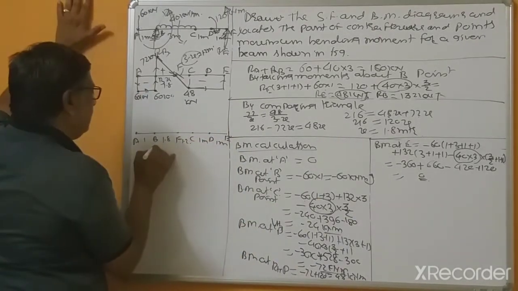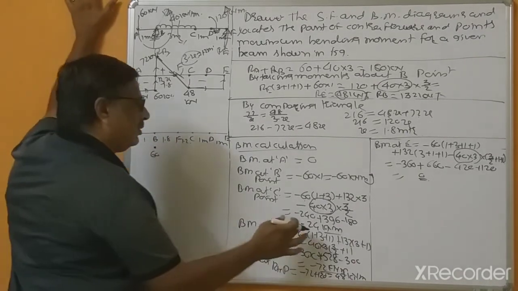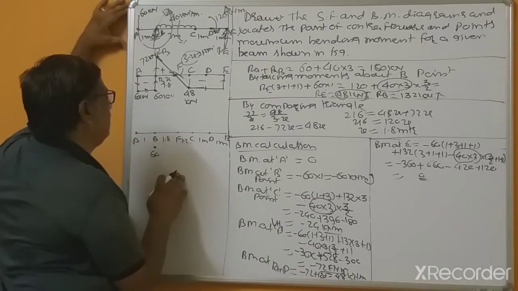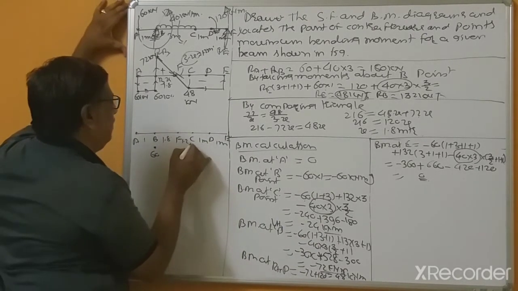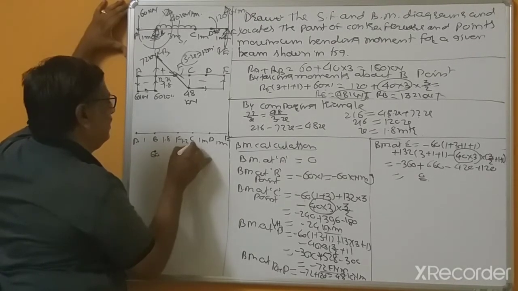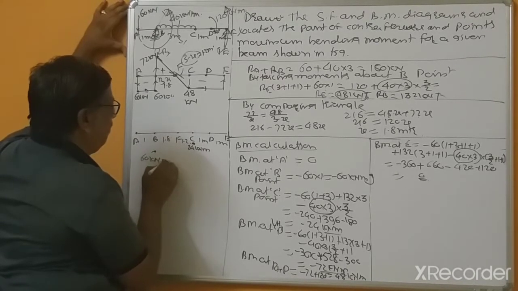Minus 60, 24, C point. Suppose this is 60 kilonewton meter.